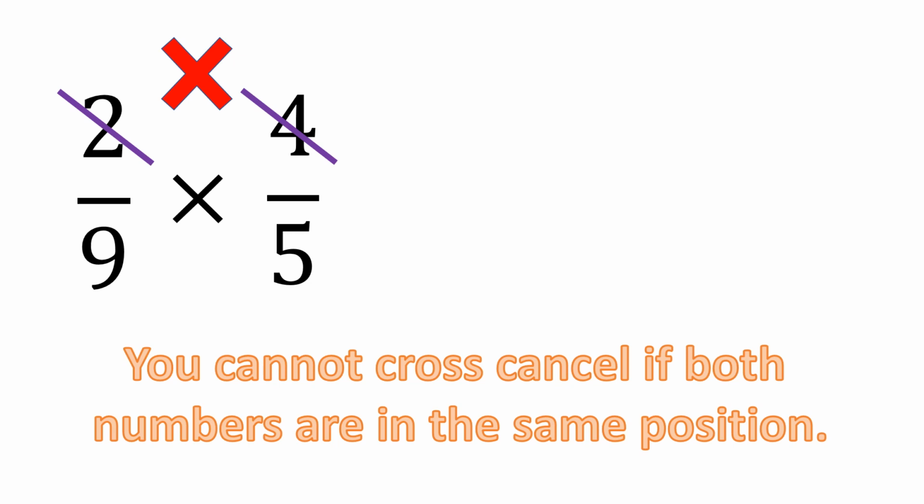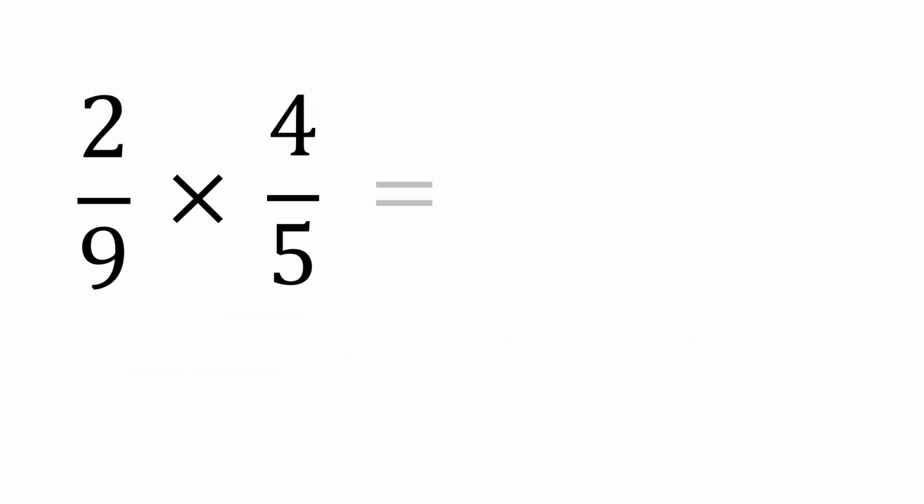In other words, you cannot cross out if both are numerators or both are denominators. So let's solve this. This is equal to 2 times 4 is 8, and 9 times 5 is 45. So the answer is 8 out of 45.